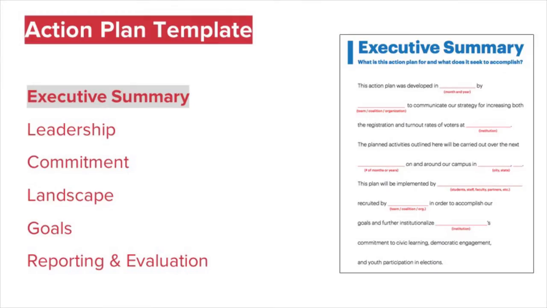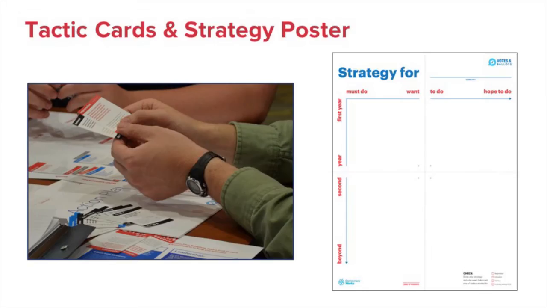So you can see many of the top line pages that are in the action plan template all align with the Strengthening American Democracy Guide. Additionally, one of the more fun parts is the tactic cards in the strategy poster. This here is just a snapshot of what some previous action plan strategy posters look like.